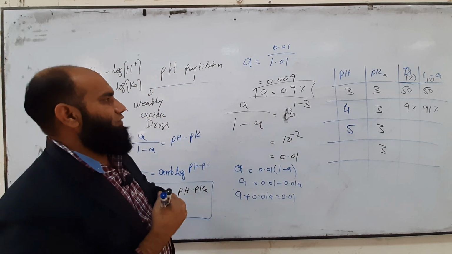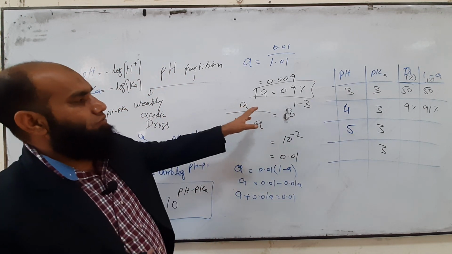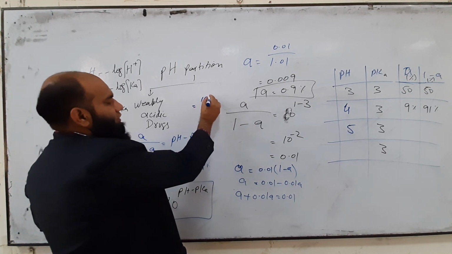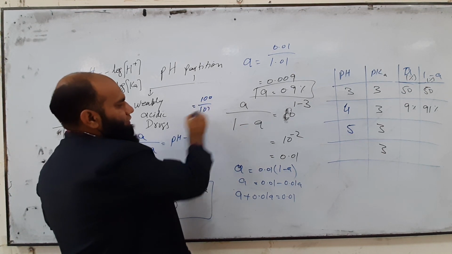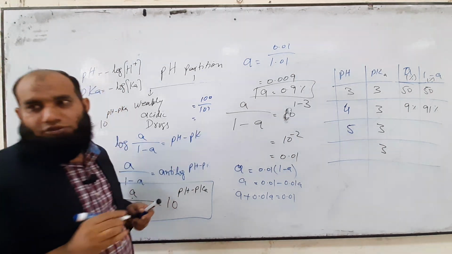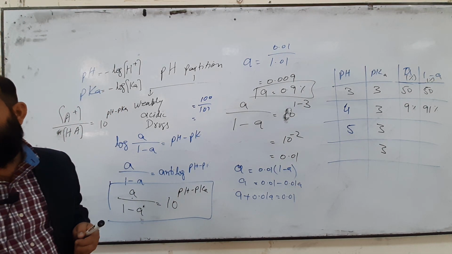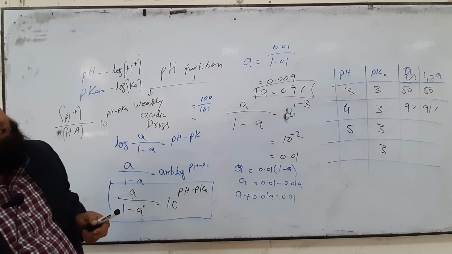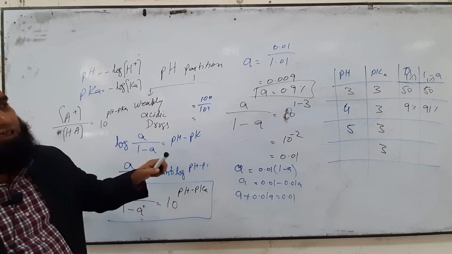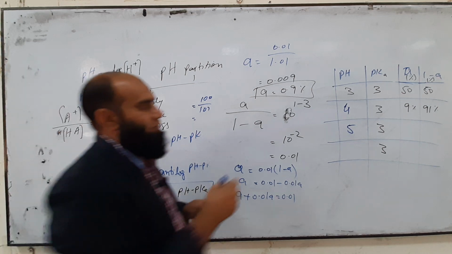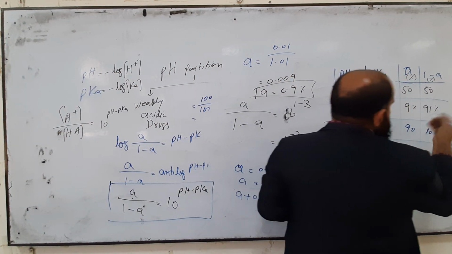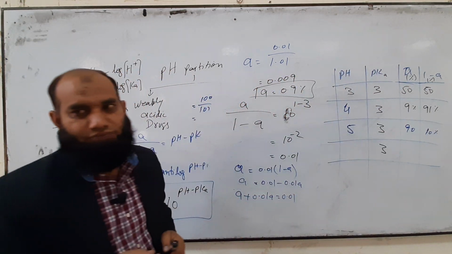For example, the difference of 2 gives 100, and the formula was 100 divided by 101. That is 0.9, and same case, 0.9 means 90% of the drug is ionized and 10% of the drug is unionized.